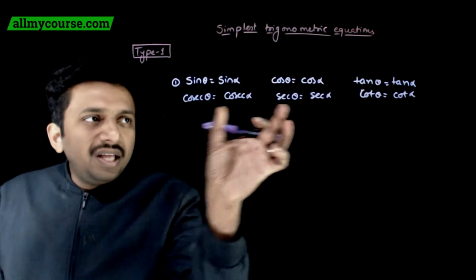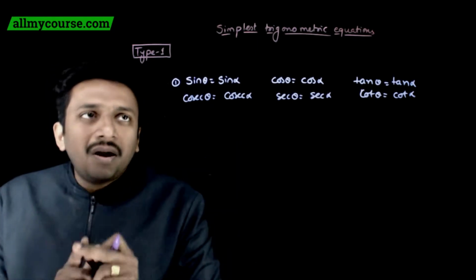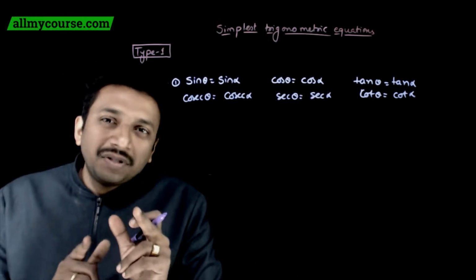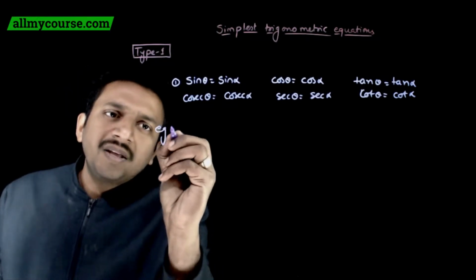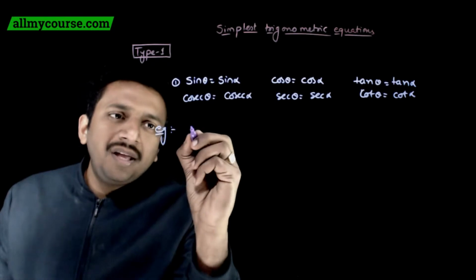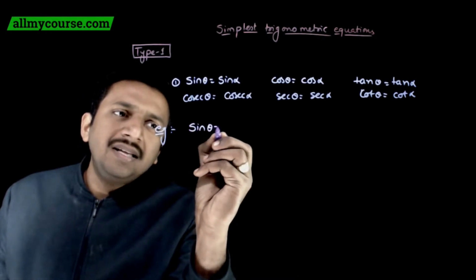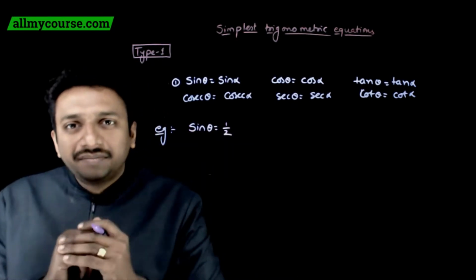If you have equations of this form, these are called simplest trigonometric equations of type 1. For example, if you have a very simple trigonometric equation, sine theta is equal to half.